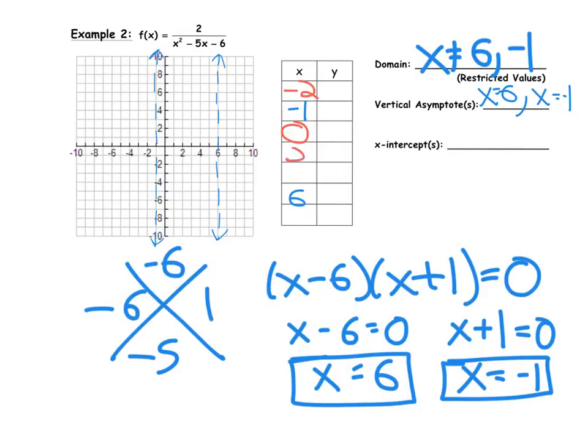How about 2? And how about 4? Those are all between -1 and 6, right? You could have picked 1, 3, and 5. You could have picked 2.7, 3.8, and 4.936. You can pick whatever you want, okay? But pick something easy for you, all right? And then after 6, how about 7? Okay.